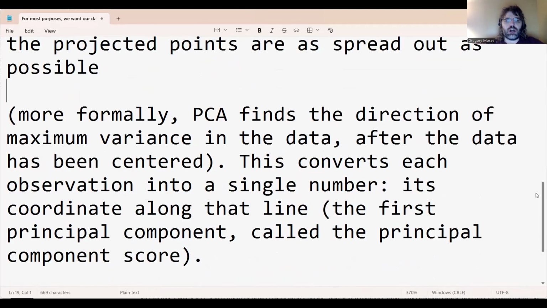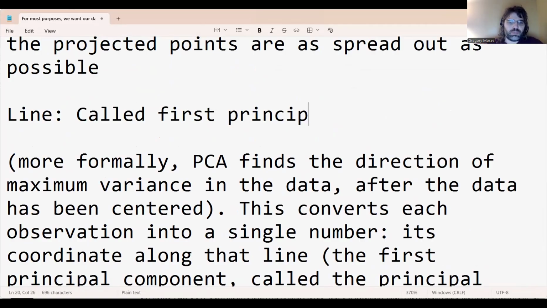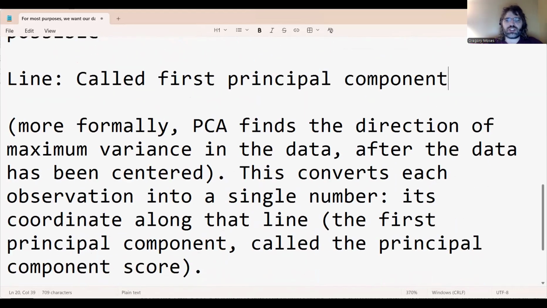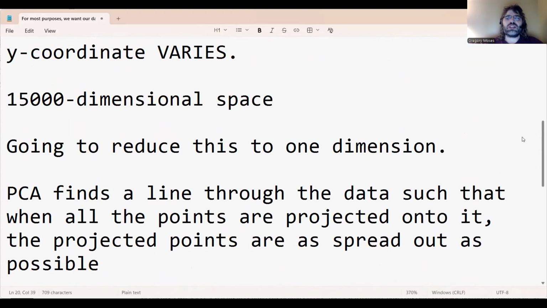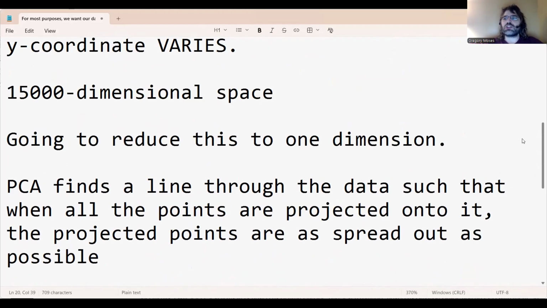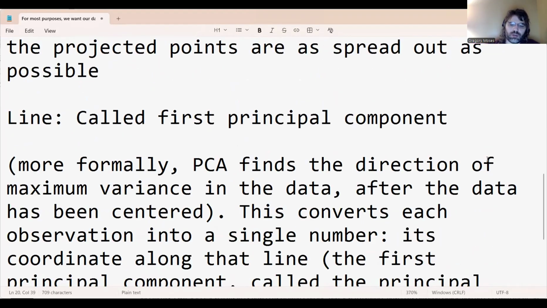And this line is called the first principal component. So we can have a second principal component and a third principal component. But we take our 15,000 dimensional space, and to start with, we project it onto a line. We make it one dimensional.